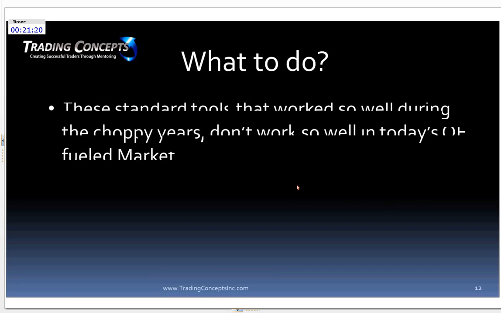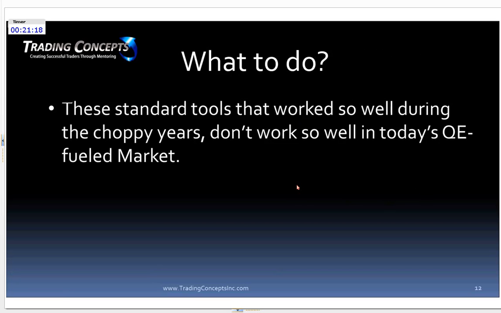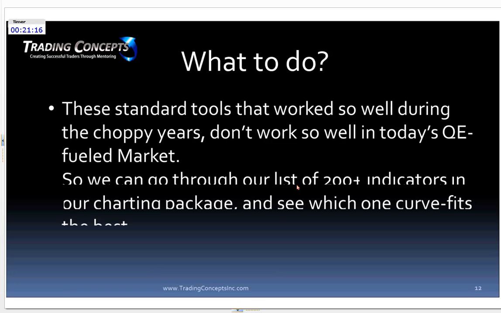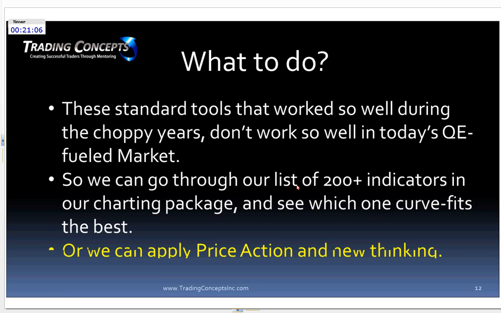So what do you do about this? Well, the standard tools that work so well during the choppy years don't work so well in today's QE market. So we can go through our list of 200 indicators and find that holy grail one, right? Oh, all we need to do is get the pitchfork on there, and things like that. And we can back test it. We can see which one curve fits the best, okay? Or we can apply price action and new thinking.